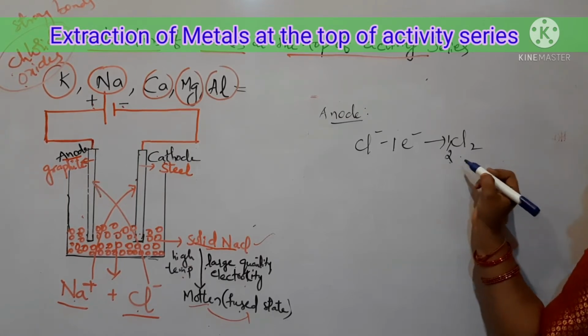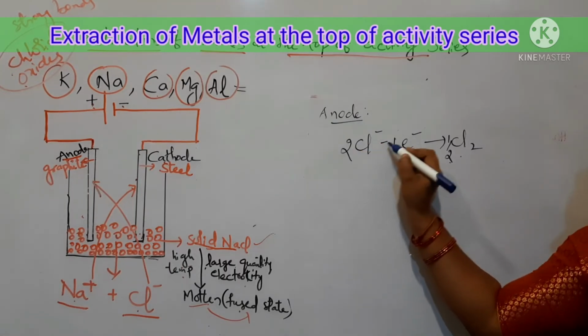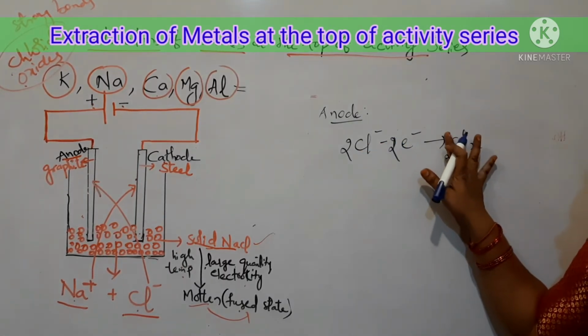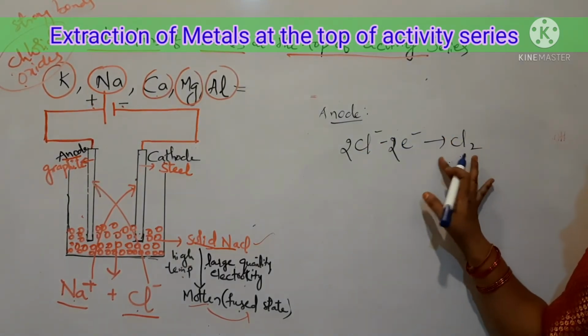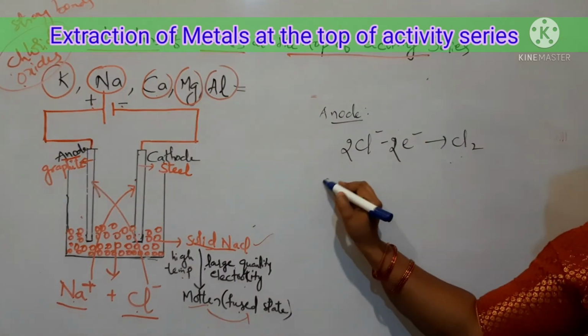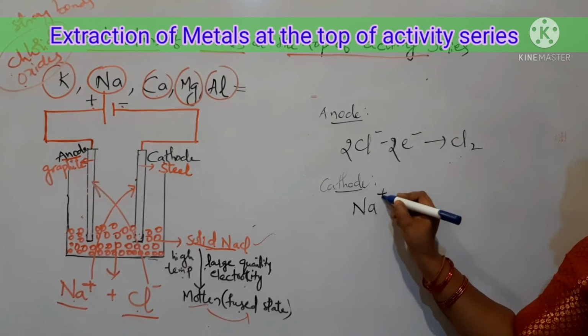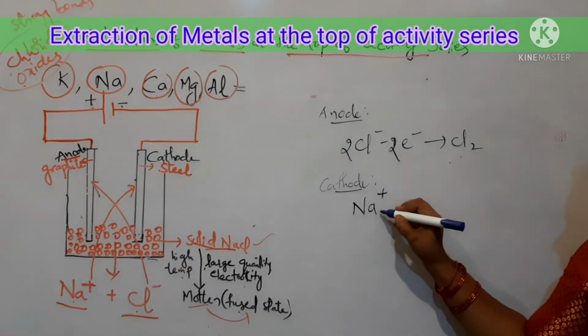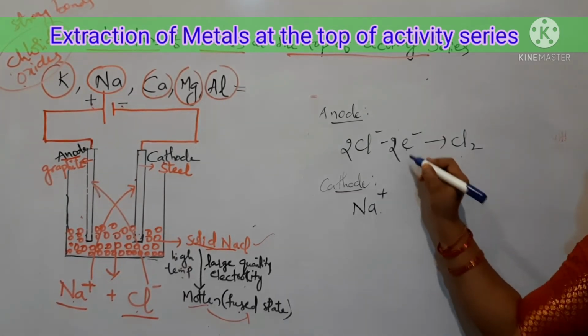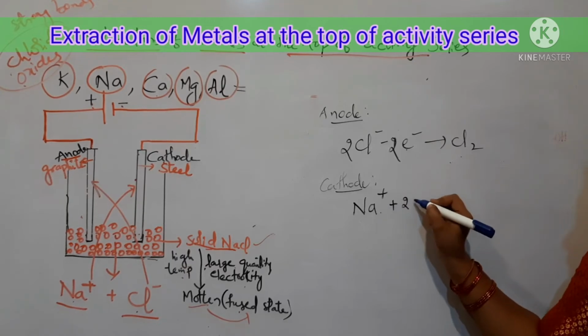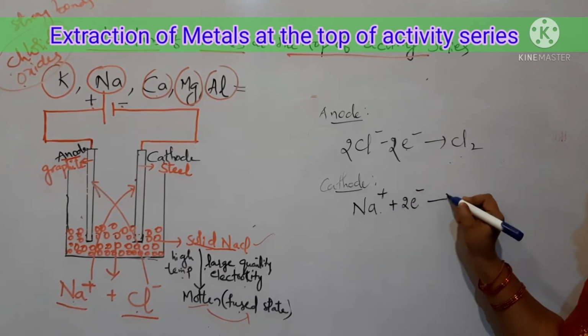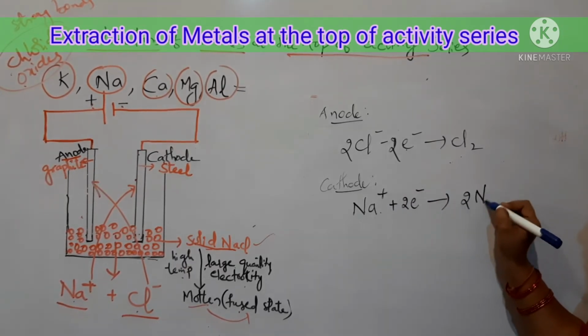In order to make it 1 Cl2, we have to multiply it by 2. So it becomes 2 into 1 by 2, 1. And at the cathode, Na+ is attracted towards the cathode, and this Na+ takes 2 electrons given by the 2 chlorine atoms to form 2 sodiums.